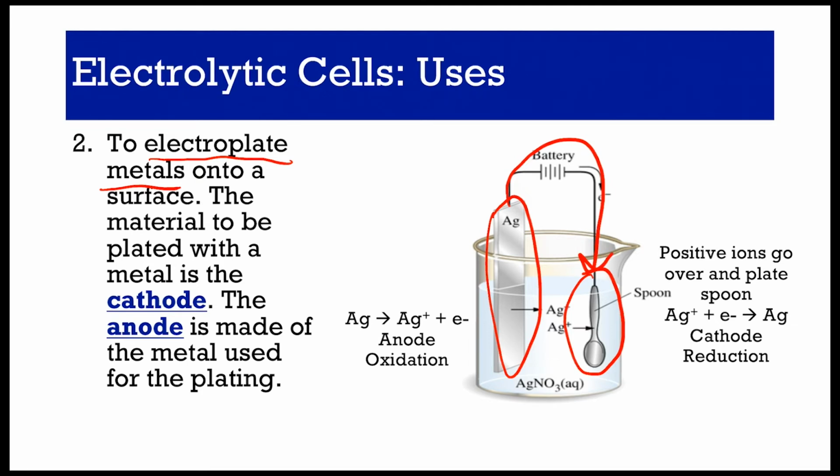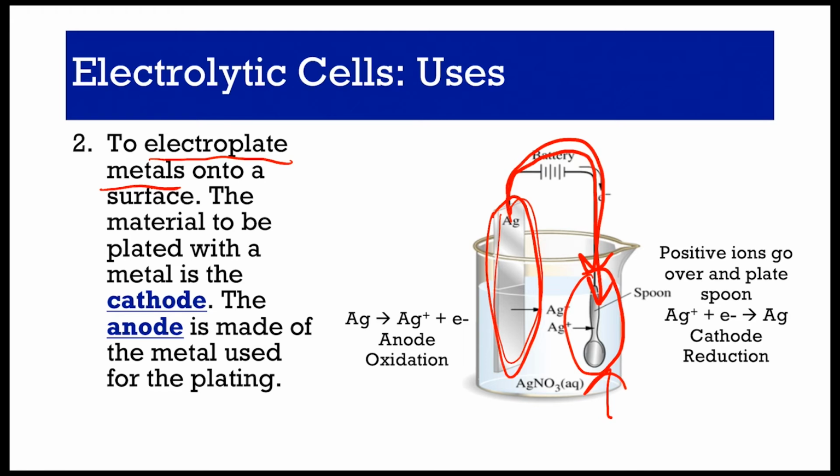So here's some spoon. If you take this silver metal and you use the battery to rip off the electrons, it attaches themselves to the spoon, and now the spoon looks shiny silver.